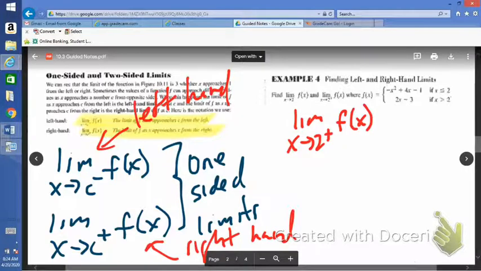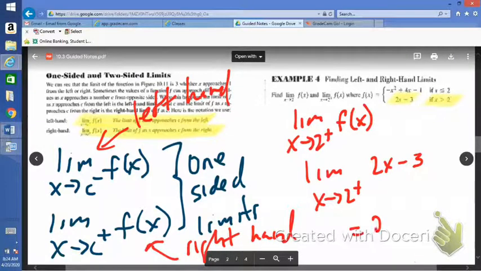When x approaches 2 from the right, the x values are bigger than 2. So if the x's are greater than 2, we're going to use 2x minus 3 as our function. And then we can substitute in 2 times 2 minus 3. So that's going to give us 1. Okay.